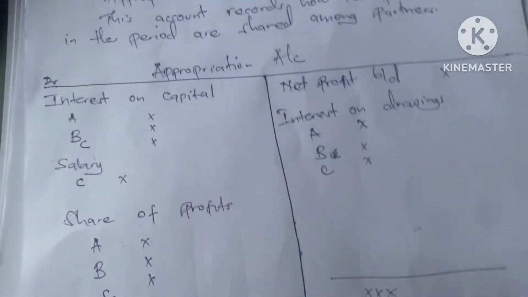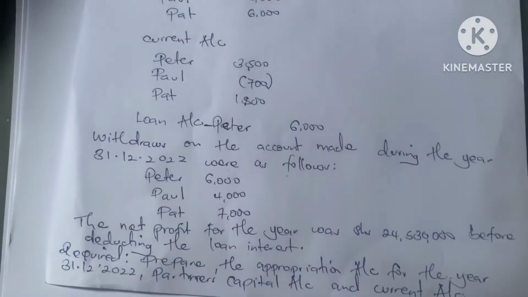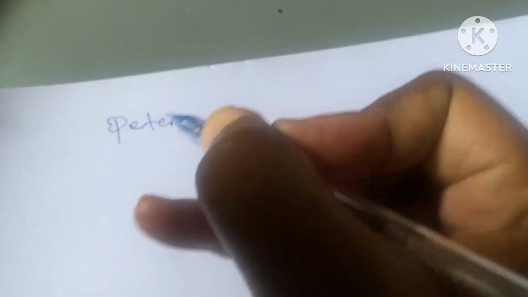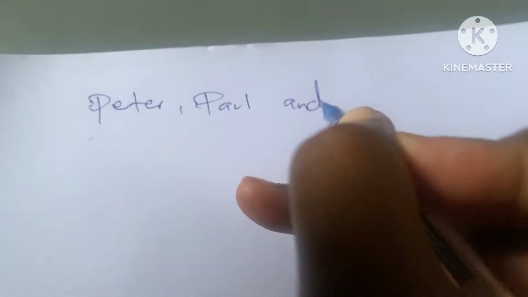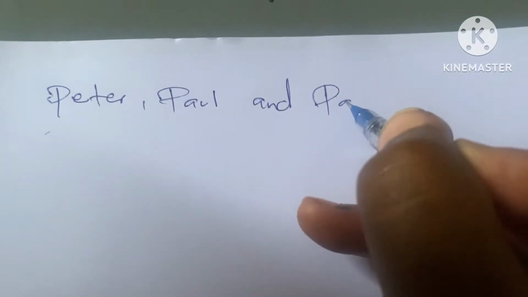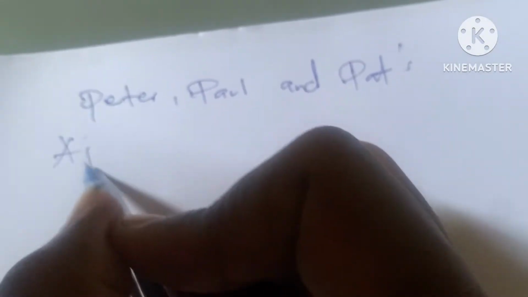This is the format that we had for the appropriation account, so it's what we are going to do. It is Peter, Paul, and Pat appropriation account.